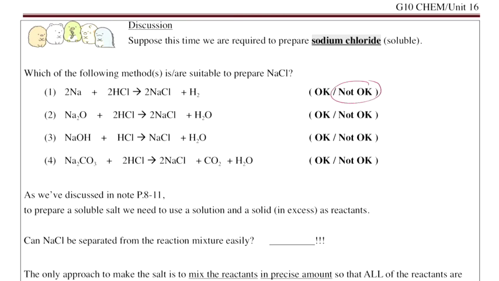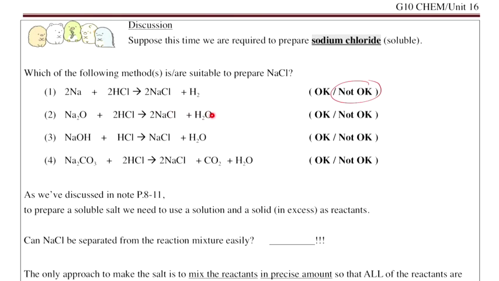How about the second one? The second reaction is suggested to use sodium oxide with hydrochloric acid to make sodium chloride plus water. First of all, is this reaction going to take place? The answer is yes. Then let's consider, can we separate sodium chloride easily from the side product and also the unreacted reactants?